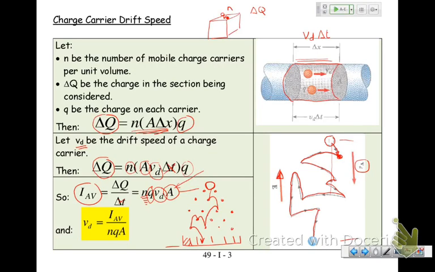So let's rearrange this. My drift velocity is equal to the current over N times Q times A. If you put in a typical current with a typical number of charge carriers and a typical charge on a charge carrier and a typical area for a typical piece of wire, you get a drift velocity measured in millimeters per second.